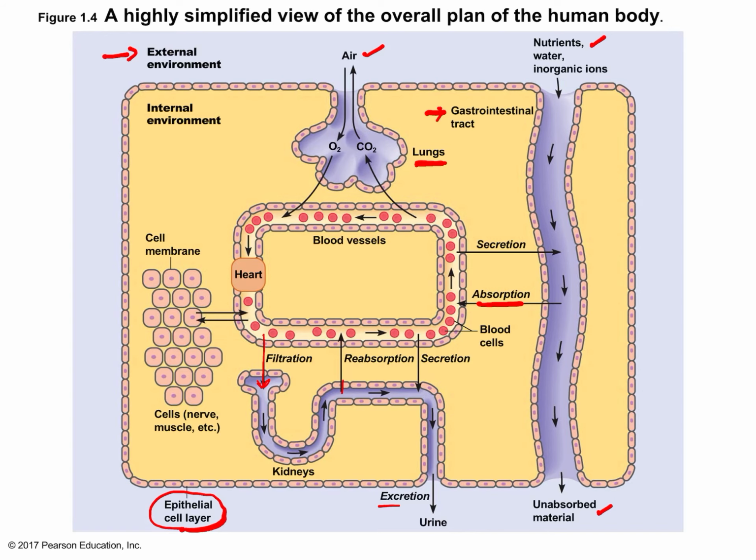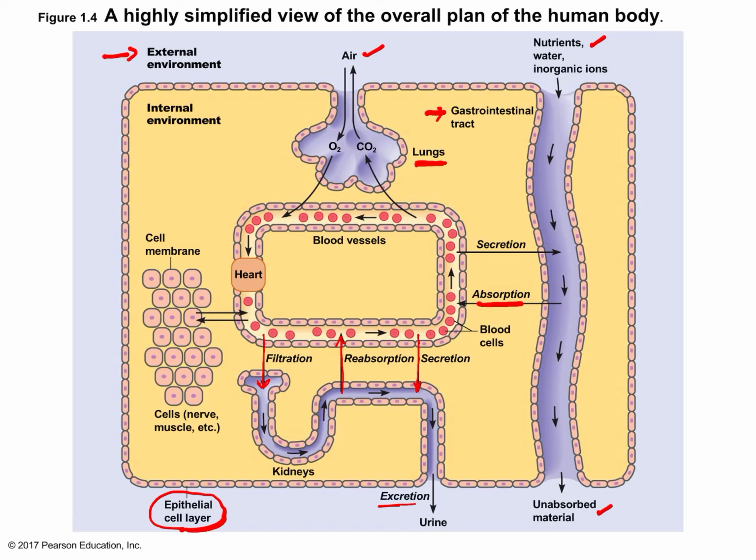And some substances will be reabsorbed, which means they'll be moving back into the bloodstream. Some areas will secrete later on in the kidneys. But overall, we know our urinary system and the kidneys are responsible for filtering out our waste products and excreting them in urine.